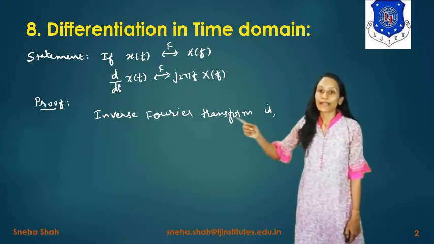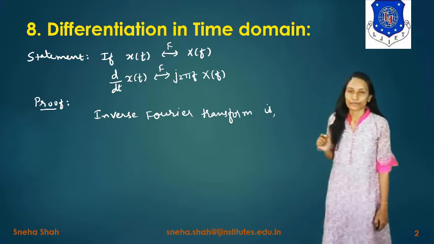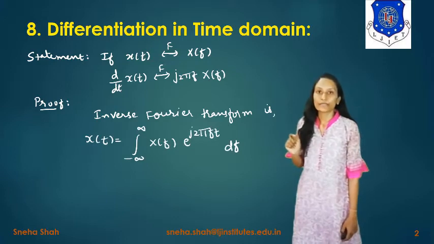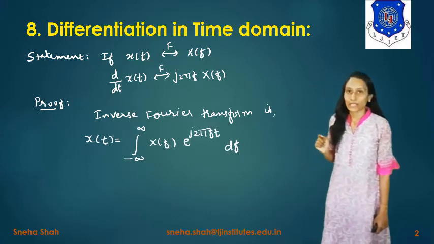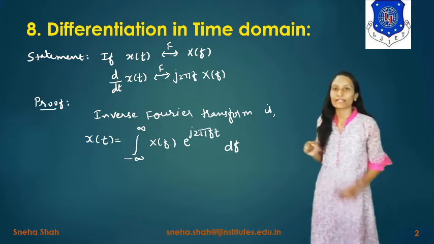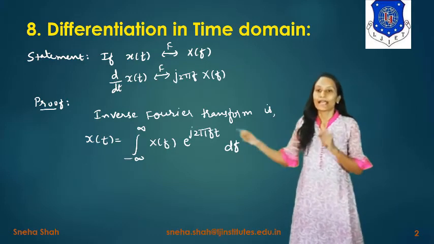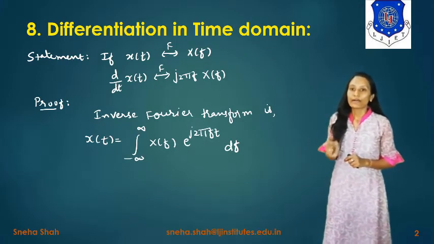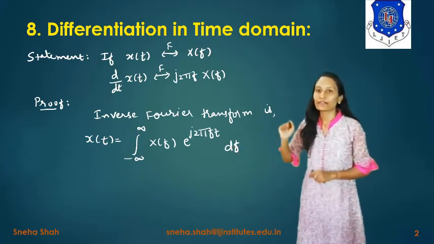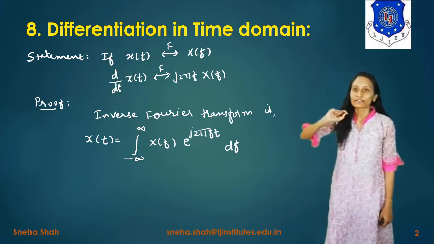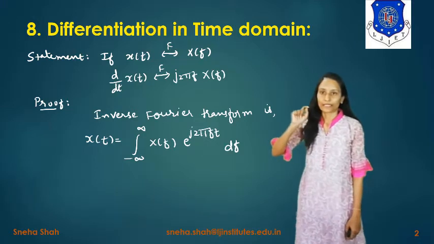So first, the equation of the inverse Fourier transform is x of t equals the integration from minus infinity to infinity, for the whole range, of X of f into e raised to j 2 pi f t df. Now from this equation we can find x of t, and then we take the differentiation of it to find this property, right?